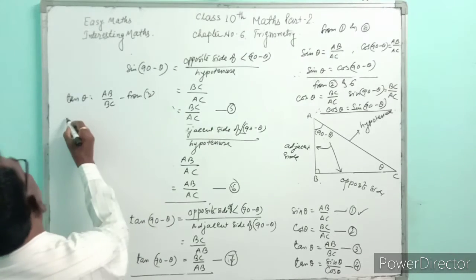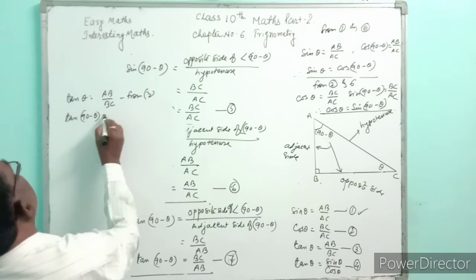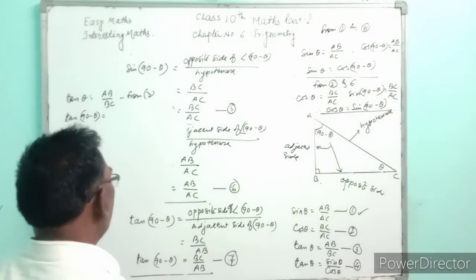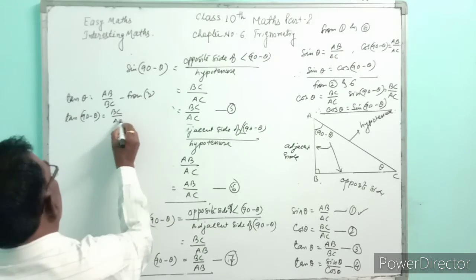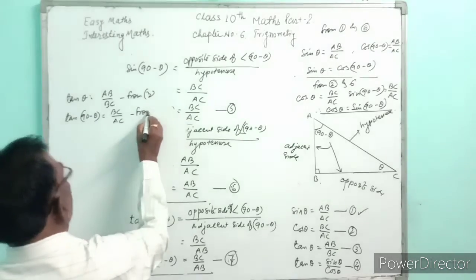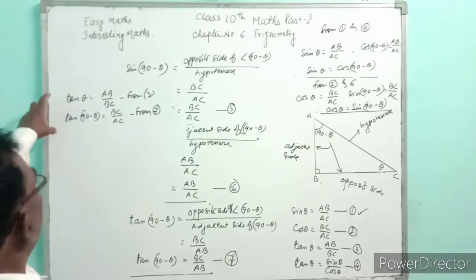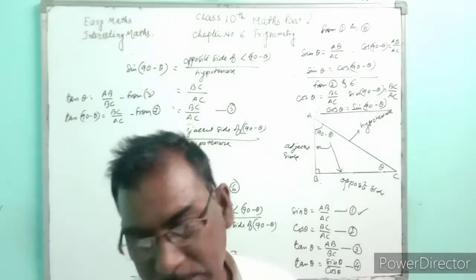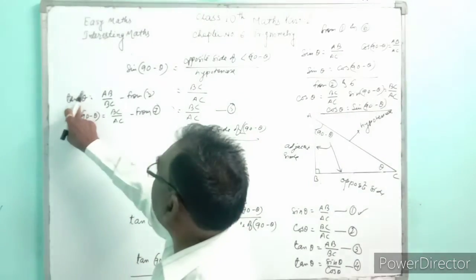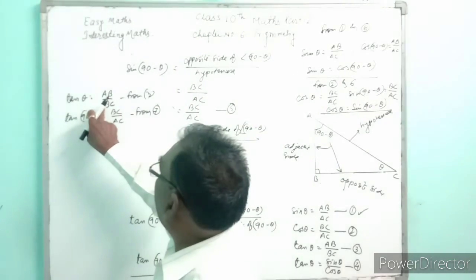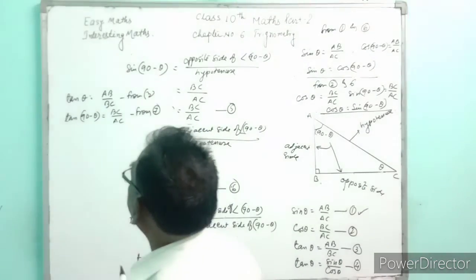From 7, tan 90 minus theta is equal to BC by AB. If we see these two formulas, tan theta is equal to AB by BC and tan 90 minus theta is equal to BC by AB.